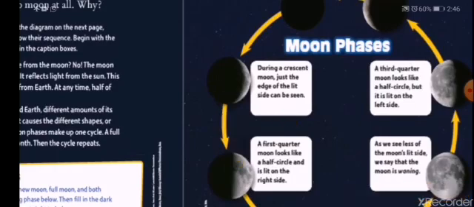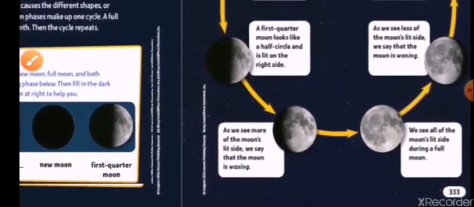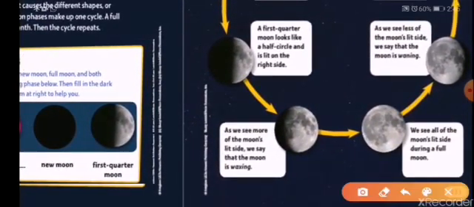And if we complete, number 3 will be the first quarter moon. And between the first quarter moon and the full moon, we will find number 4, the moon that's called waxing. Okay, so this will be number 4, and the full moon will be number 5.